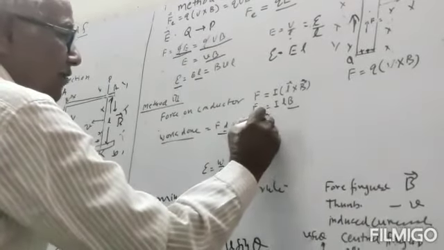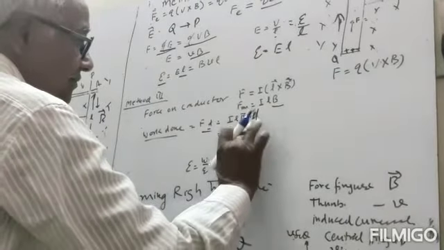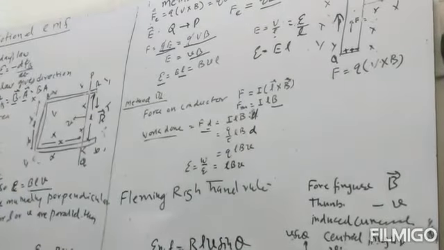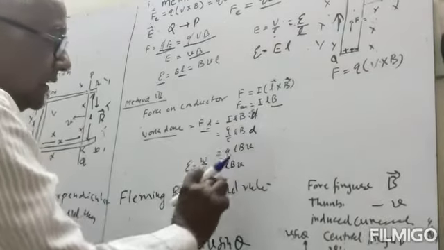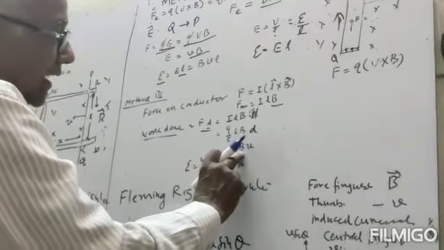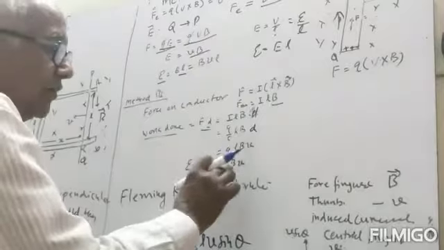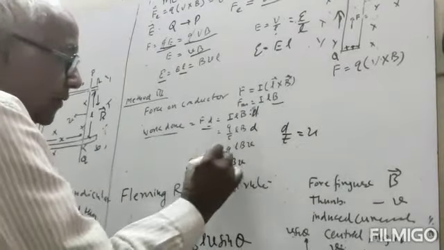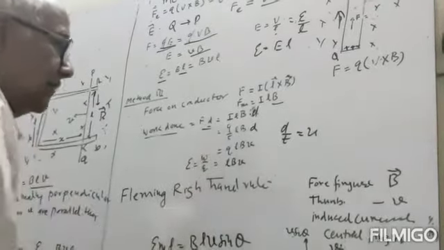Suppose we take x as the distance. The current we can write as q by t. So the work done is equal to L into B into d, which is equal to qvB times d by t, that is, q into L into B into v.